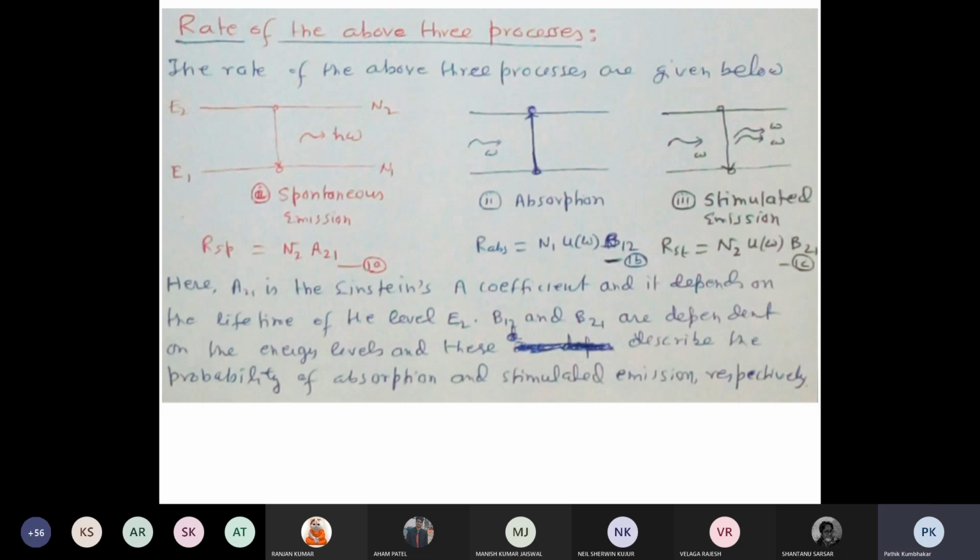Now these two photons may further stimulate two other atoms which are in the excited state, and force them to come down to the lower state, and we have emission of another two photons, along with the incident two.